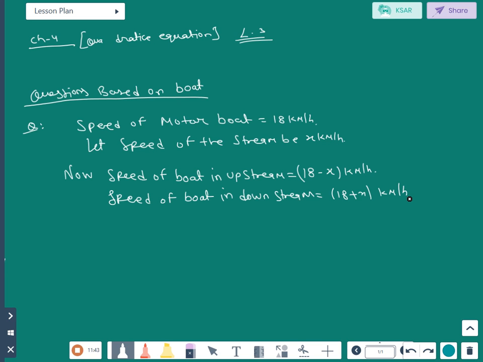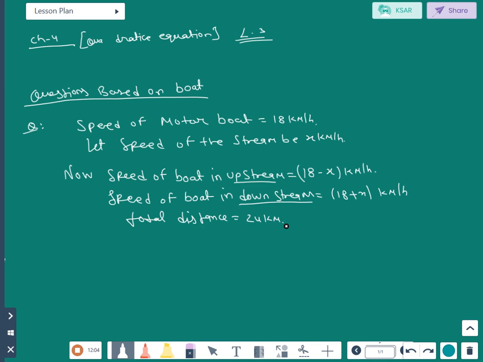Now according to the question, we will find the time. We will find the time for upstream, then the time for downstream. And here in the question, students, the total distance is given. Total distance is equal to 24 kilometers.